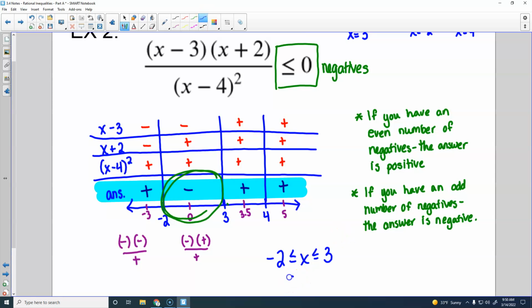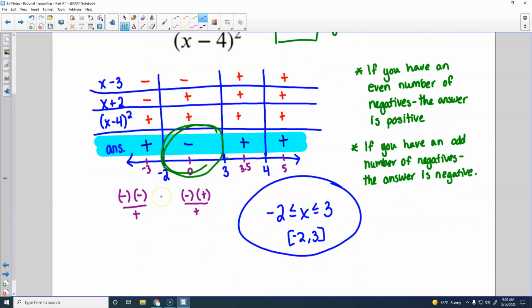You could also write it in interval notation. It would look like this. Now, just in case you don't like the chart, you don't have to use the chart. You could, for each one of these, ignore the chart. You will still need the number line.